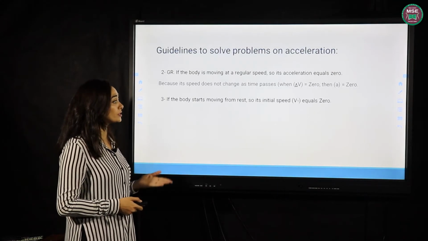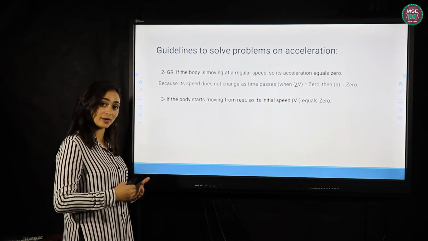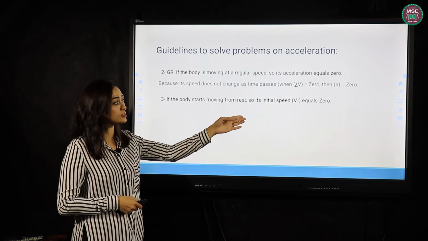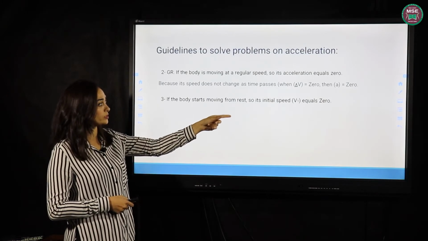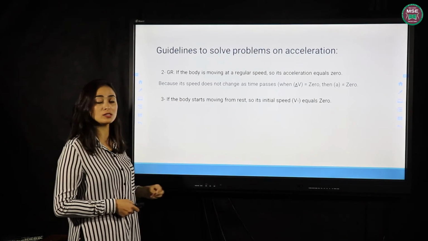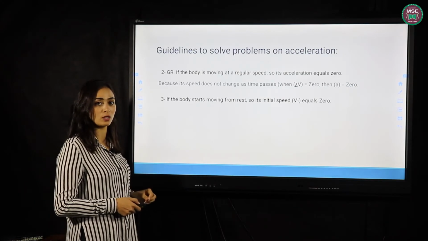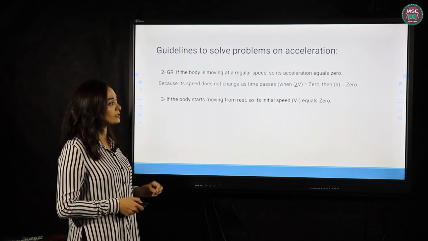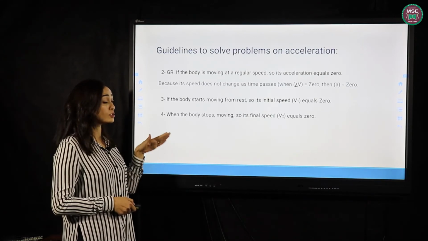If the body starts moving from rest, it means the initial speed V1 equals 0. Focus on this point. When the body starts moving from rest, the initial speed V1 equals 0, and the final speed is V2.